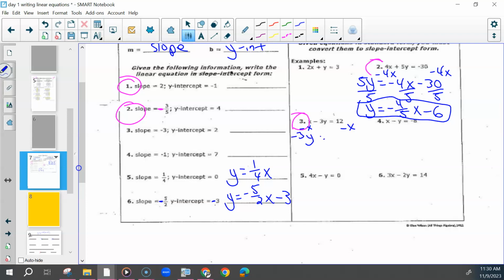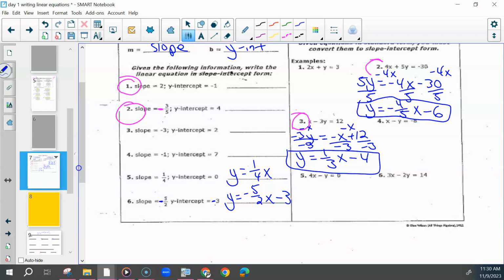Negative 3y equals negative x plus 12. Divide everything by negative 3. What would that new equation look like? Y equals 1/3x minus 4. Remember, you're dividing by 3, not multiplying, so it should be underneath, not next to.